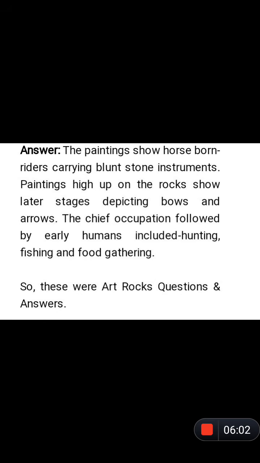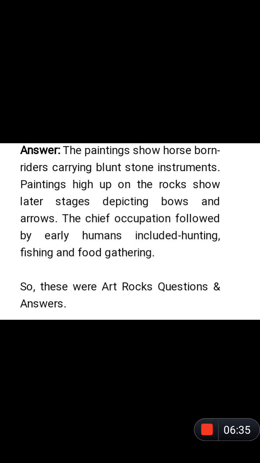So the answer we have: the paintings show horse-borne riders. There were paintings describing some people riding on horses carrying blunt stones, stone instruments. Blunt stone instruments means those instruments which are made out of stone and are not that sharp, right? Paintings high up on the rocks show later stages depicting bows and arrows.